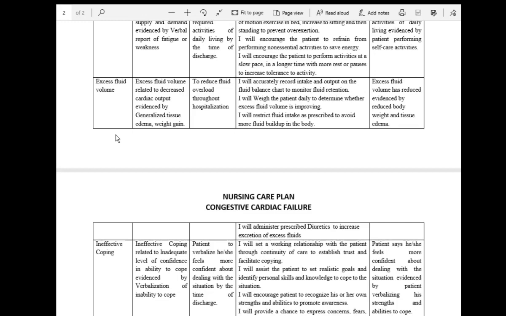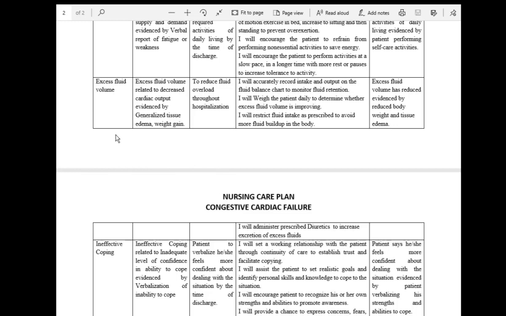Having put all these interventions in action, how are we going to know that we have achieved our goal? We are going to evaluate our patient. The evaluation is: excessive fluid volume has reduced, evidenced by reduced body weight and reduced tissue edema.